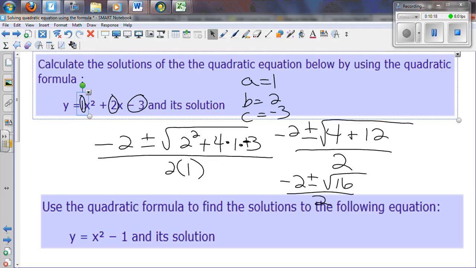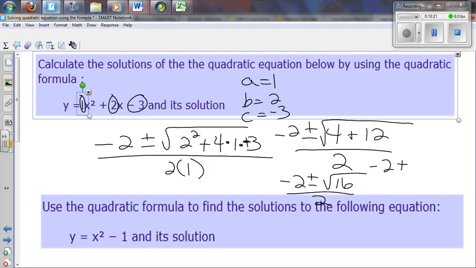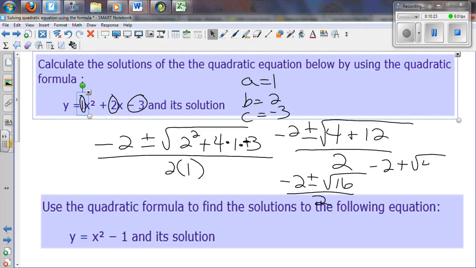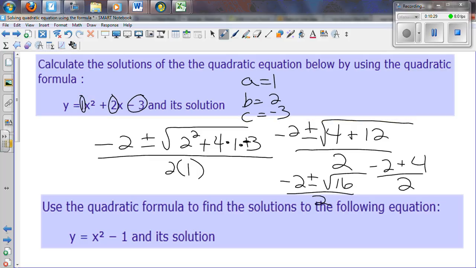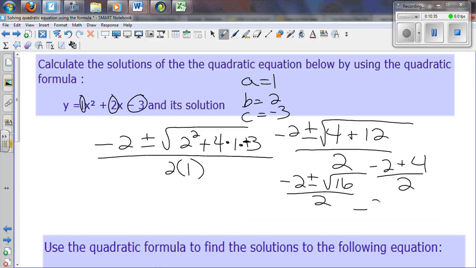So this is negative 2 plus the square root of 16, which is 4, all over 2. Or it could be negative 2 minus the square root of 16, which is 4, all over 2.